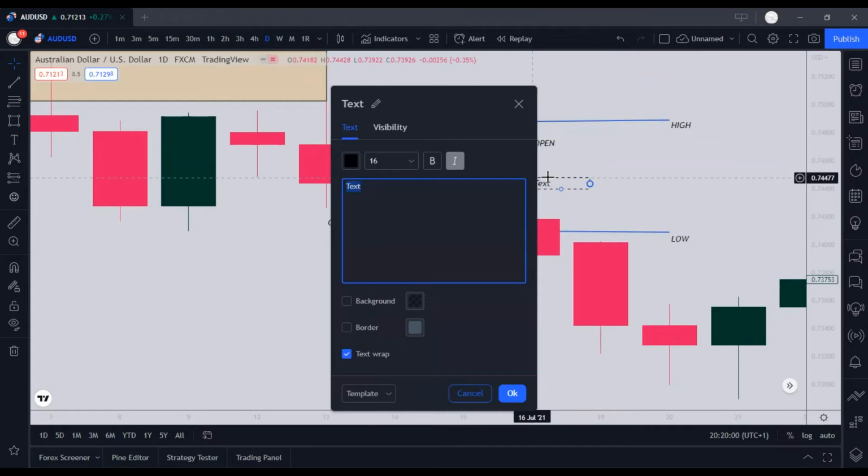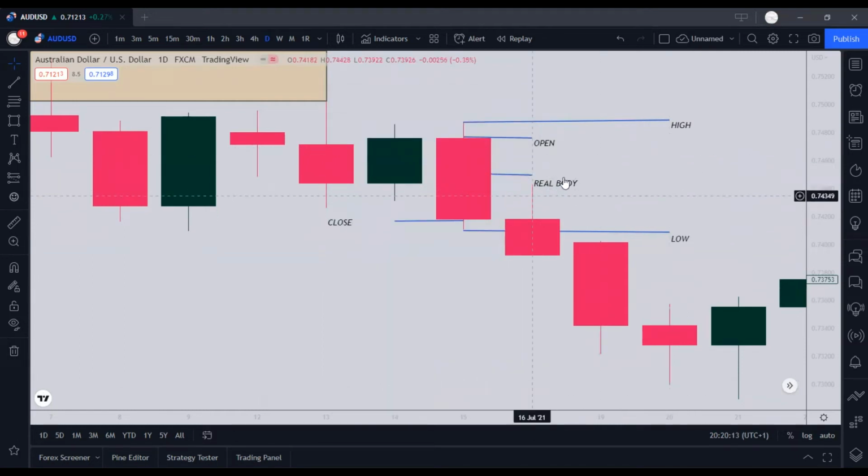They all have their role that they play. Good. So that's the body. Now, let me explain the psychology behind it, what it means with the wick. The candle opens over here, and then the bulls, or the buyers, push price up to form a high.